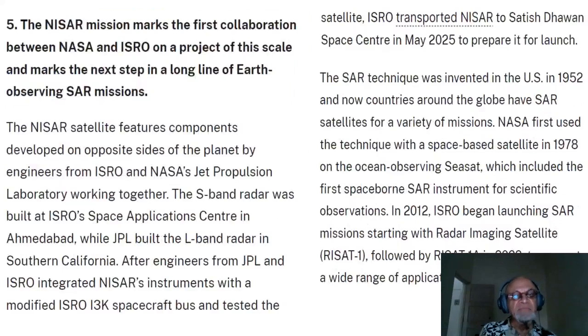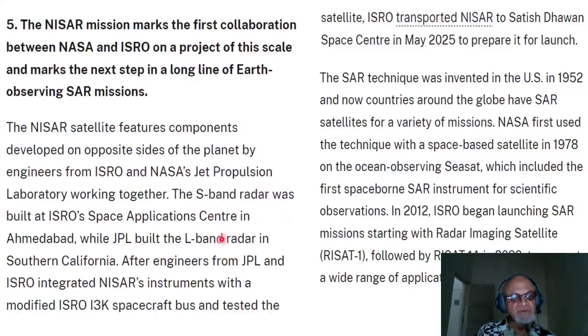Finally, the NISAR mission marks the first collaboration between NASA and ISRO on a project of this scale and marks the next step in a long line of Earth-observing SAR missions. The NISAR satellite features components developed on the opposite sides of the planet by engineers from ISRO and NASA's JPL working together.